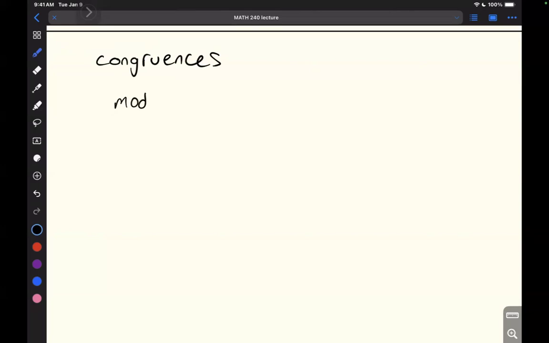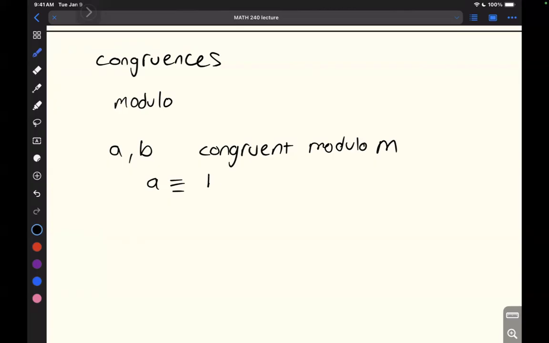Now we're going to define that given integers a and b, we say that they are congruent modulo m, and we write this a with 3 equal signs b, and then mod m.